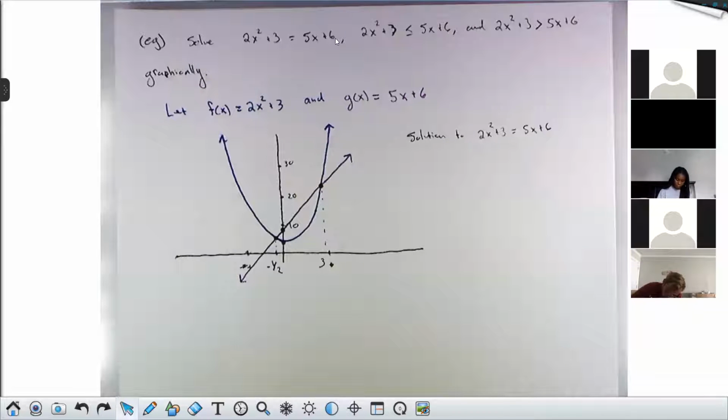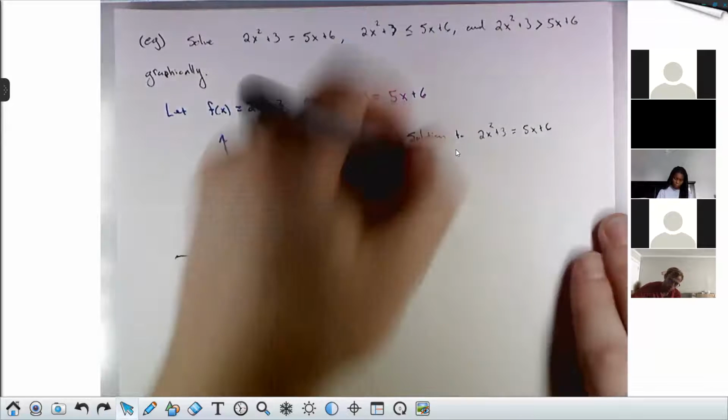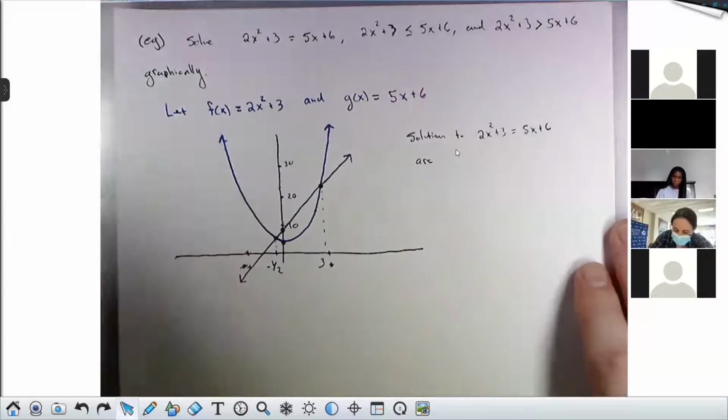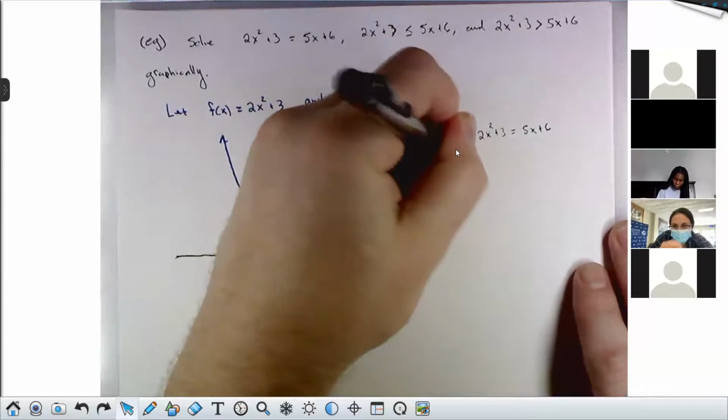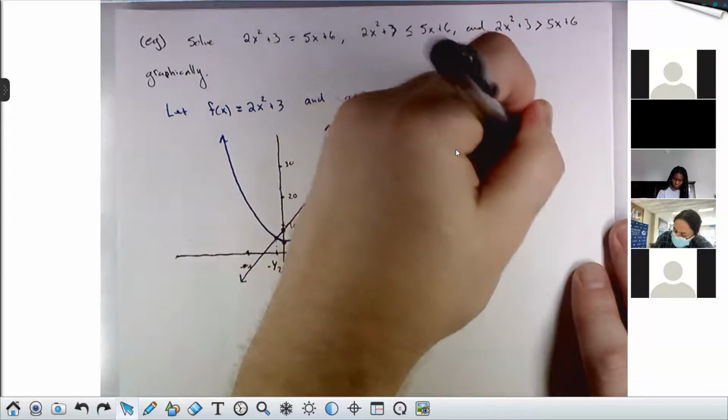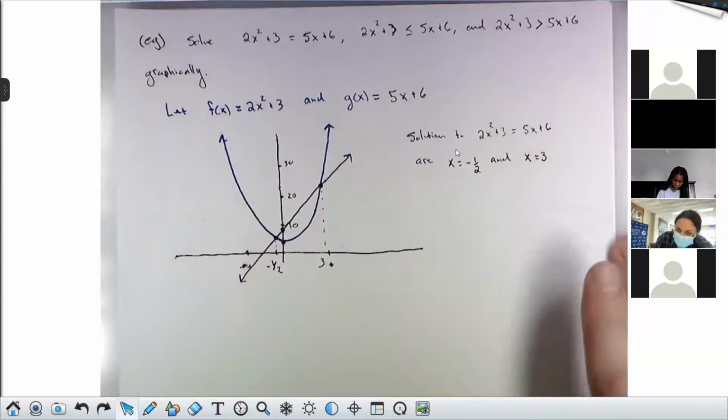Where the graphs intersect. Yep. Looking for the x values where the graphs of f and g touch. So what are those solutions? -1/2 and 3. Yeah, that's it. Nothing crazy, right?